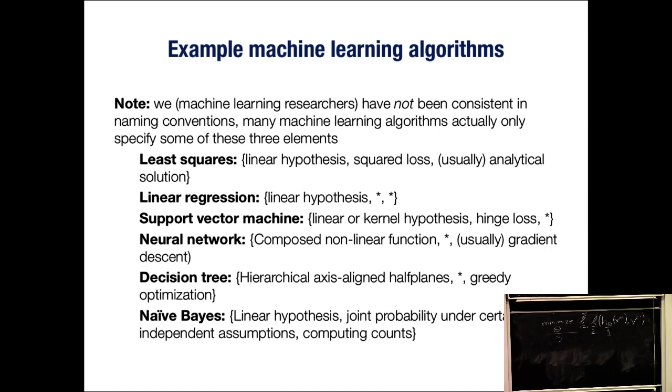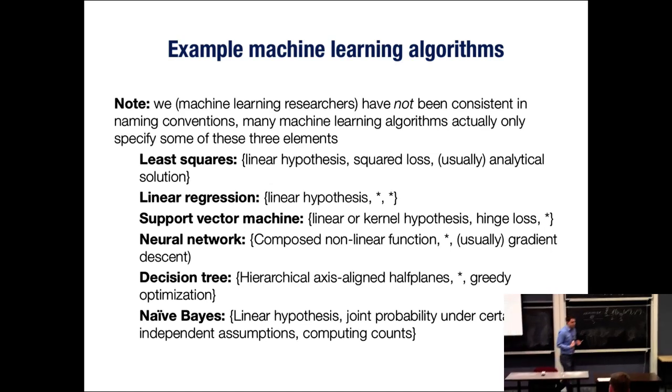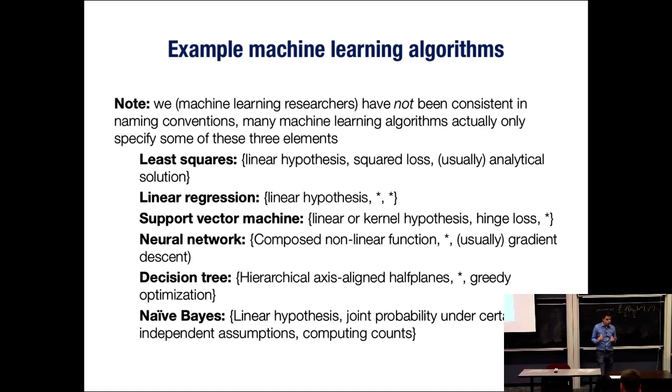That would still, in some people's books, and this actually unfortunately varies a lot, that would still, at least in my mind, be linear regression, because we're still using a linear function to approximate data. We're just using a different loss function and a different way of optimizing it. They have other names too, by the way, things like robust regression or least absolute deviations for an absolute loss. But I would call all of those under the class of linear regression.